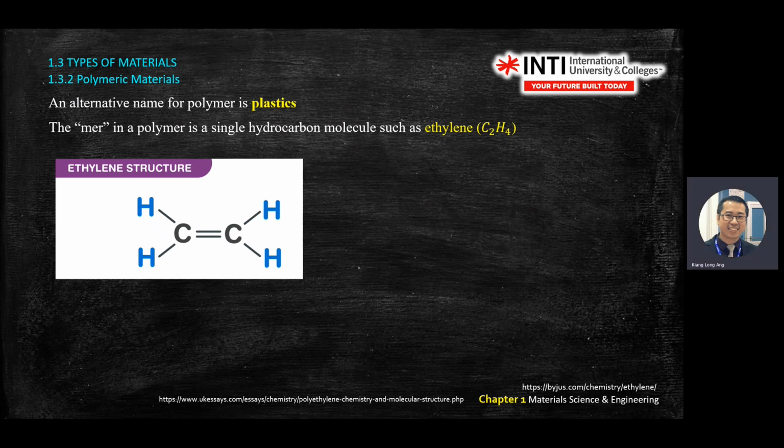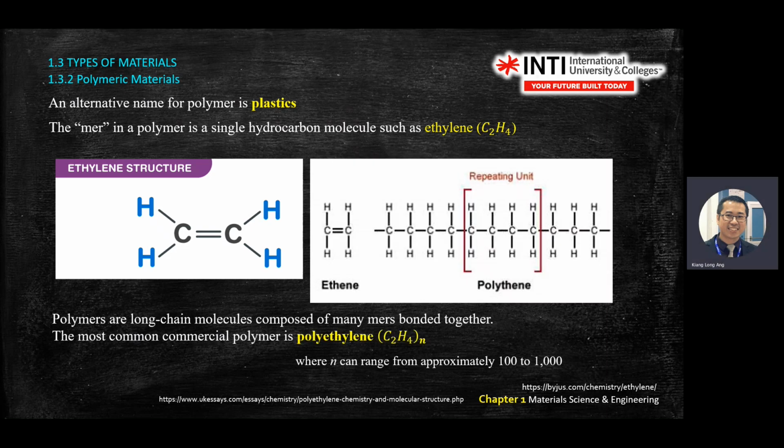Again, this kind of question will come up in Section A, where you need to define what it is, then give an example. So the first one for polymeric is ethylene. And when you combine ethylene, it becomes polyethylene. Okay, so this is one example of polymeric material.